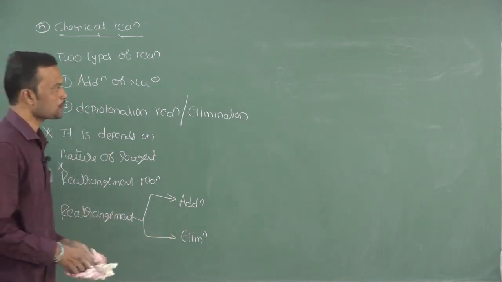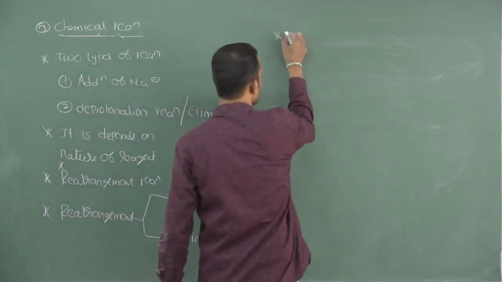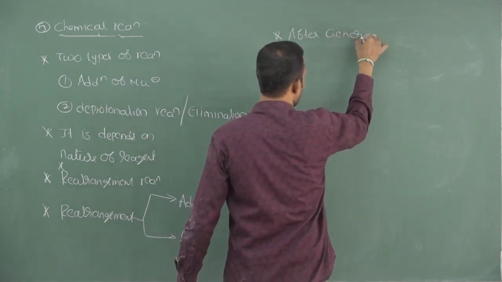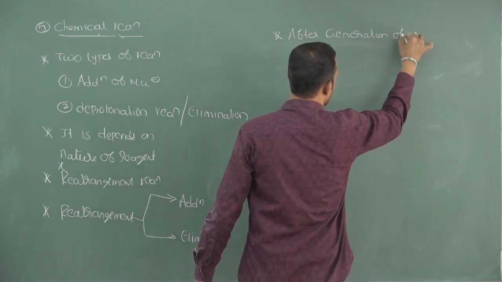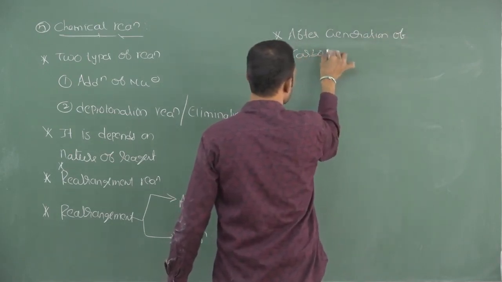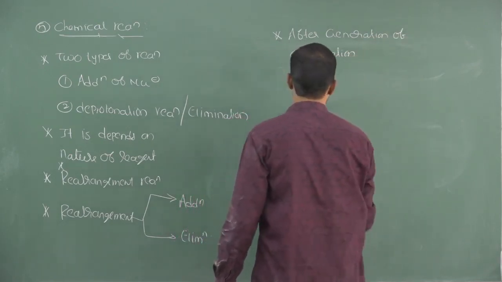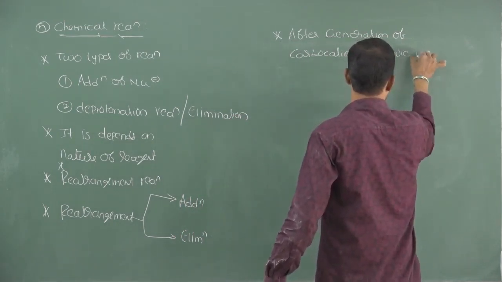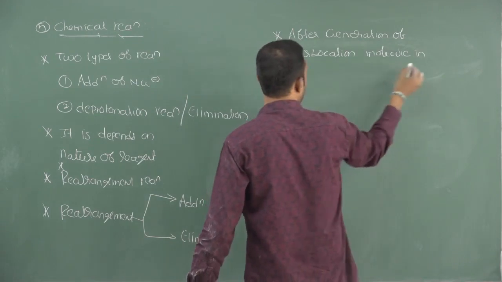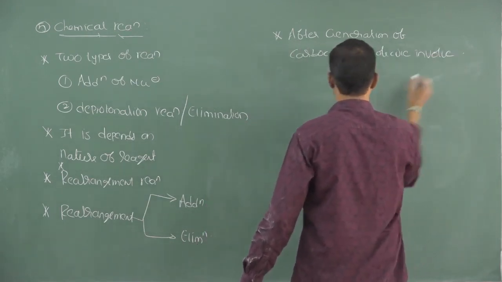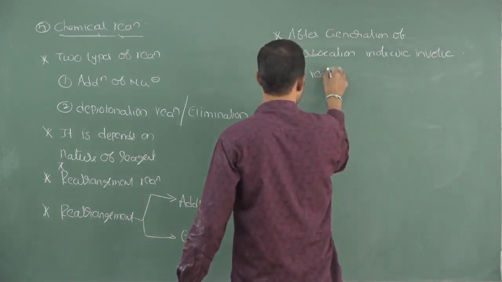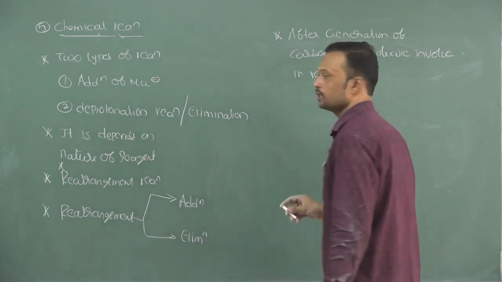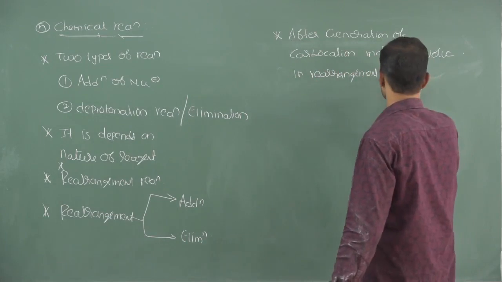So rearrangement always takes place after generation of the carbocation. The molecule has a tendency to be involved in rearrangement, especially this should be considered from an unstable to a stable cation.